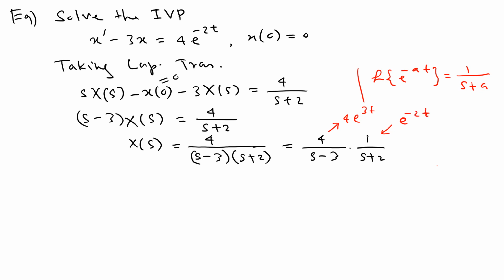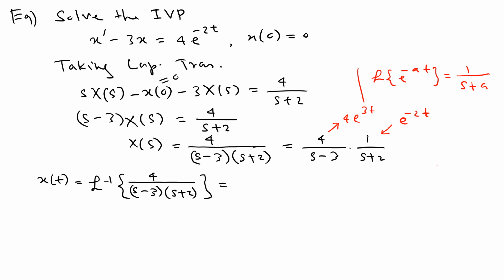So now what we need to do is just find the inverse. We can do that using the convolution method. That means x(t) is simply the inverse Laplace transform of 4 over (s minus 3)(s plus 2), and this is a product of two Laplace transforms.